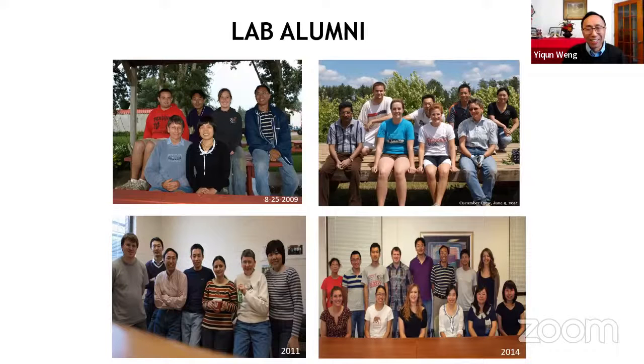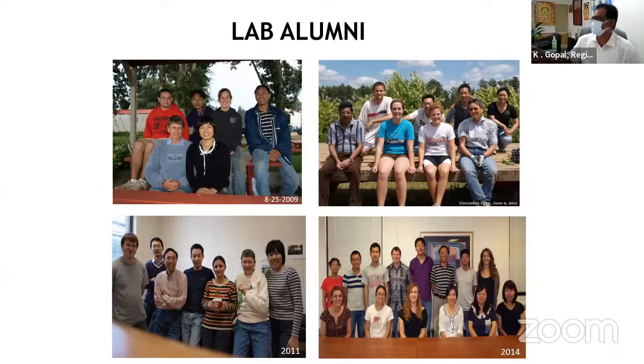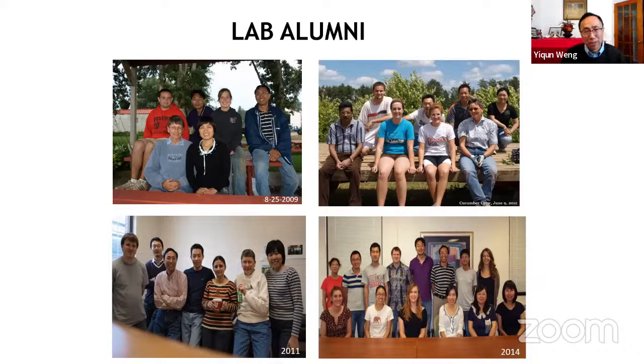Lastly, in the last 10 years, many people have come to the lab and helped to achieve various results. So these are some pictures of lab members from different years.